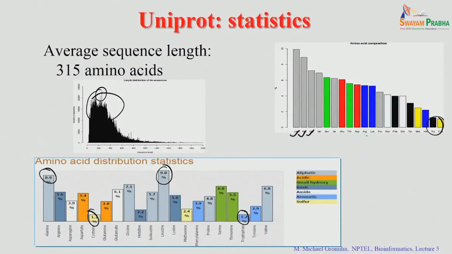Likewise, you can see a sufficient number of charged residues, for example lysine and arginine. So, what is the percentage of lysine and arginine? Lysine 5% and arginine 5.6%, as well as the polar residues, serine and threonine, you can see in sufficient percentage, because these tend to form electrostatic interactions as well as hydrogen bonds. So, these residues have a specific bias in protein sequences.